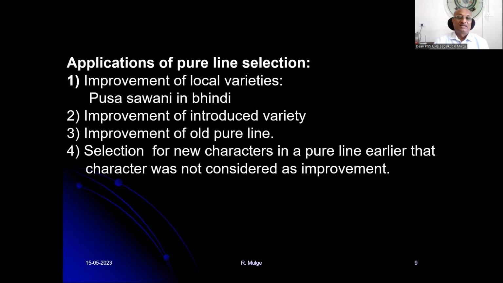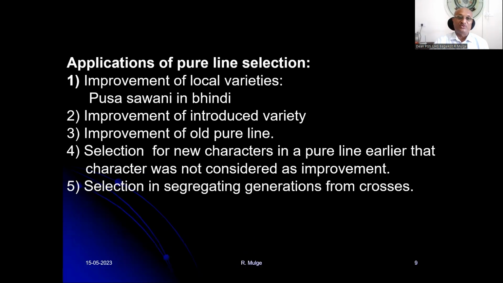And then selection for new characters in a pure line. Earlier, that character was not considered as improvement. So one particular character, which was not important at the time of release of that variety but is important now, the existing pure line can be used for it.